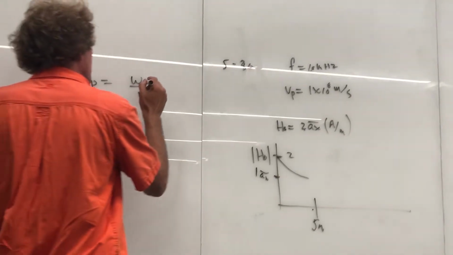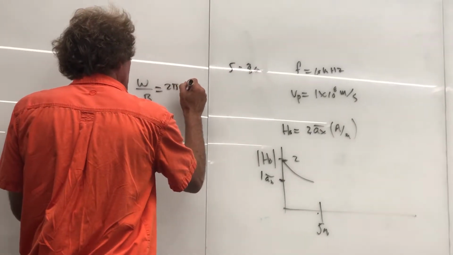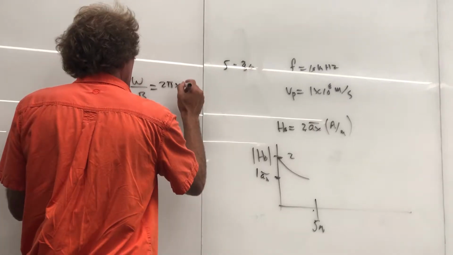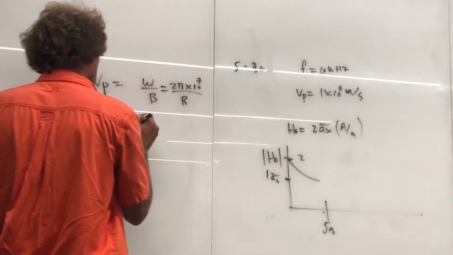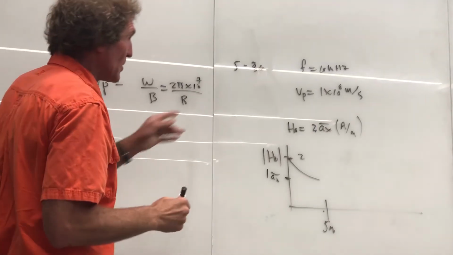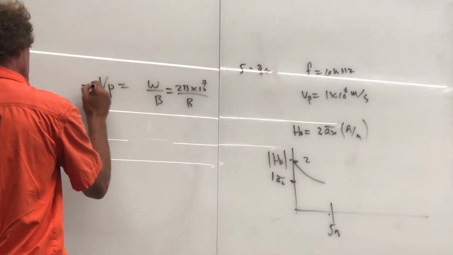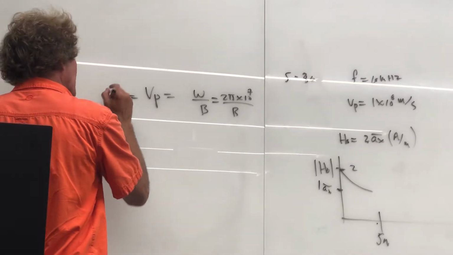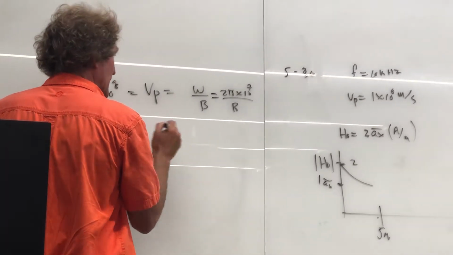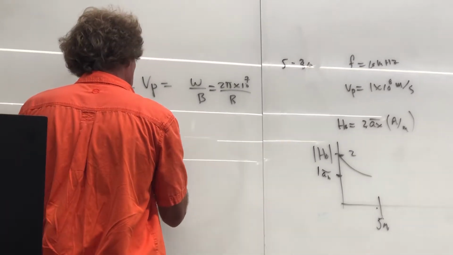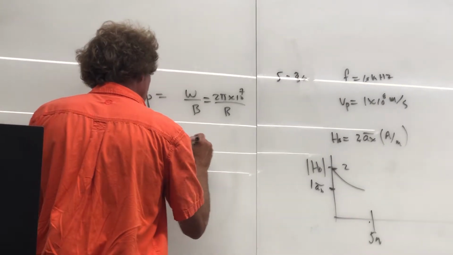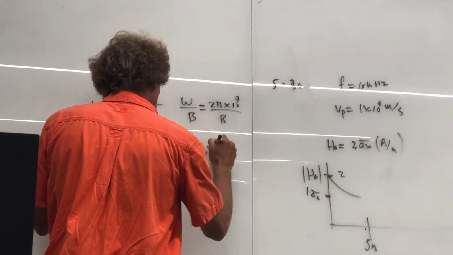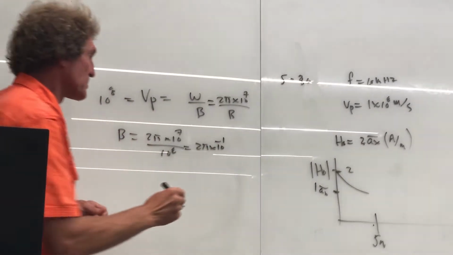Omega is 2 pi f, so it's 2 pi times f, which is 10 megahertz, that's 10 to the 7th hertz, divided by beta, equal to the phase velocity, 1 times 10 to the 8th. That means I can get beta right away. Beta is equal to 2 pi times 10 to the 7th divided by 10 to the 8th, and that's 2 pi times 10 to the minus 1 radians per meter.